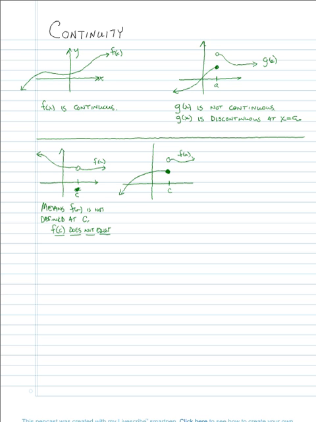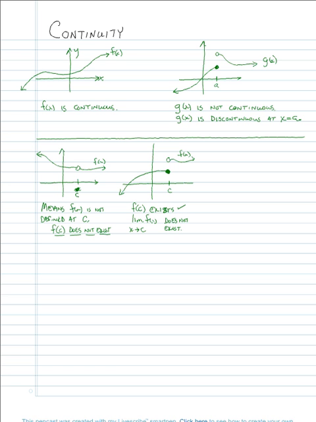Now, in this case, we see that f of c is defined because there's a y value, there is a point that goes along with the x value c. So notice f of c exists, but there's another problem here. The problem is that the limit of f of x as x approaches c does not exist. And we've seen that idea before because the graph is completely broken.